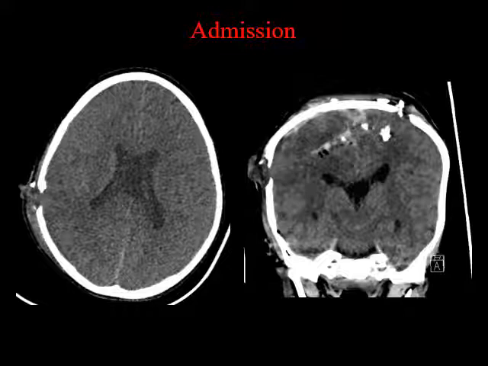And what it shows here is what appears to be an entry type of wound on the patient's right side with a track crossing into the patient's left side, across the brain, with multiple areas of hyperdensity. Some of that is bone, some of that is likely bullet fragment, and some of that is blood.